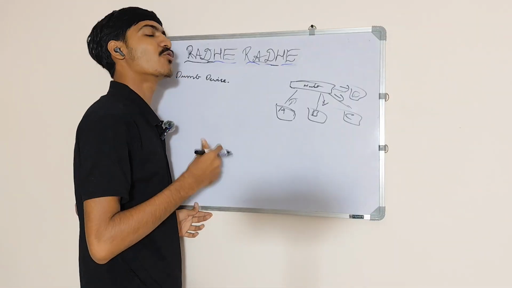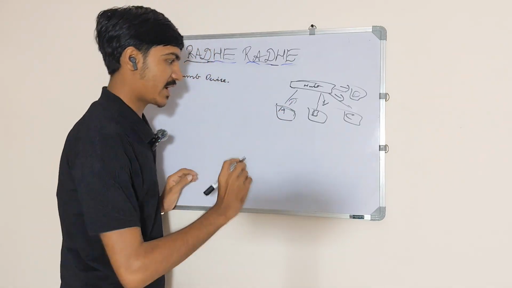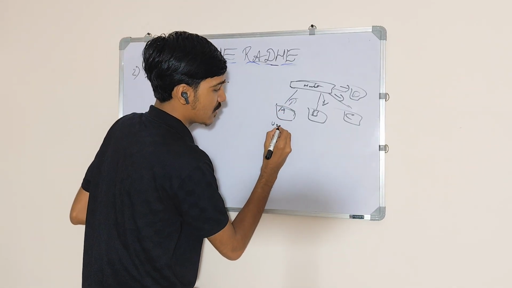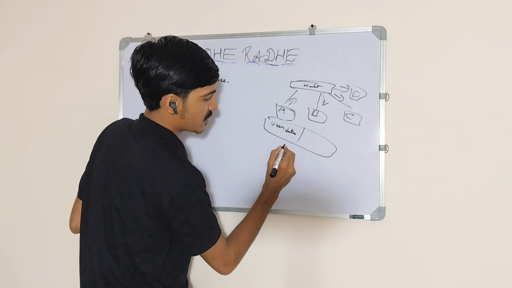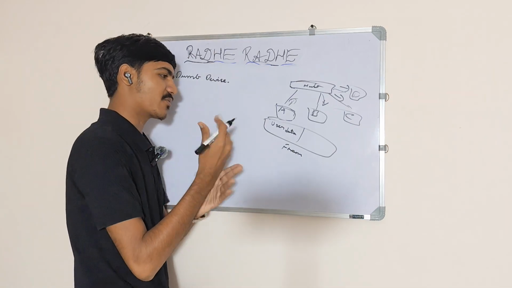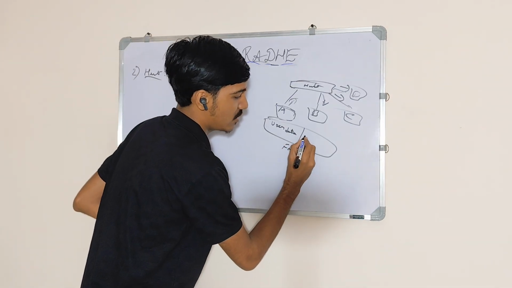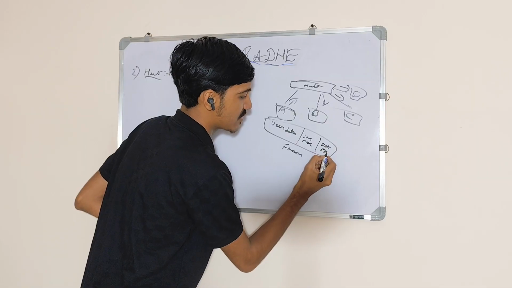Because when A is sending out the data, we have a frame with user data. This is the frame which is being sent out. We have user data, nothing but 0101, anything. And here we will have a source MAC address and a destination MAC address.